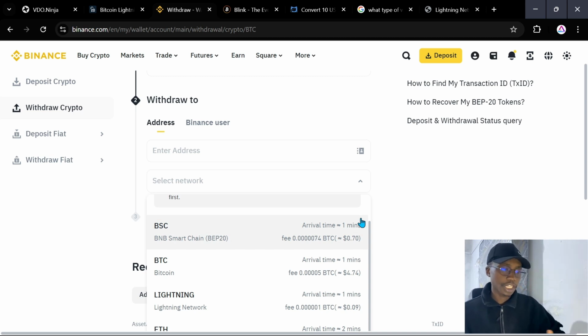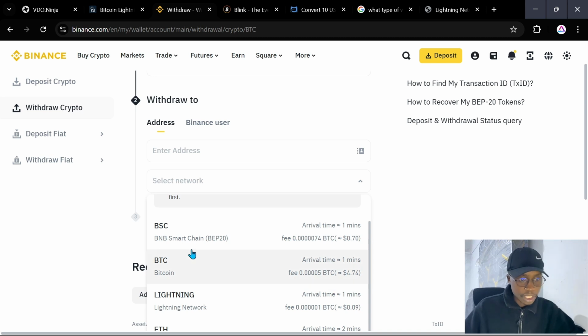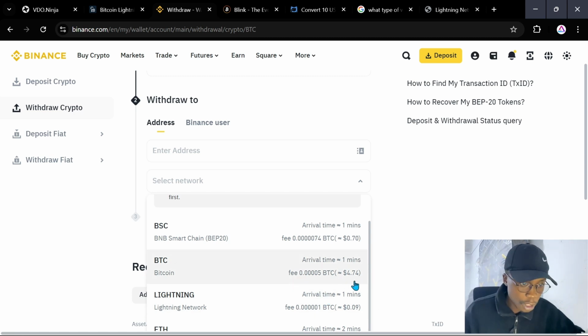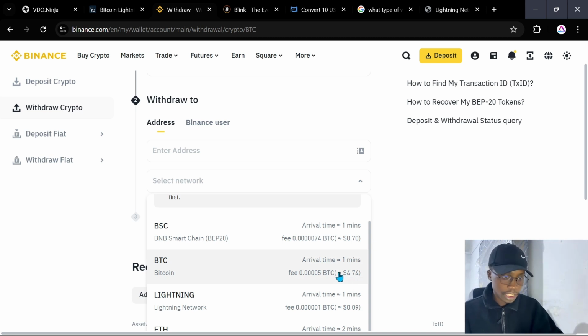You might have found that the Bitcoin transaction fees are higher, as you can see here on my screen. Binance charges a fee of $4.74 equivalent of Bitcoin for a Bitcoin transaction. This is a bit higher compared to other blockchains or other networks.